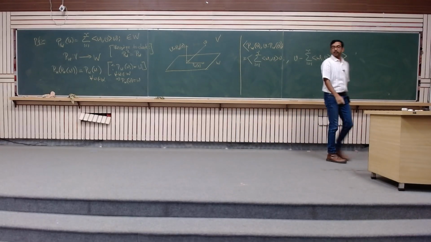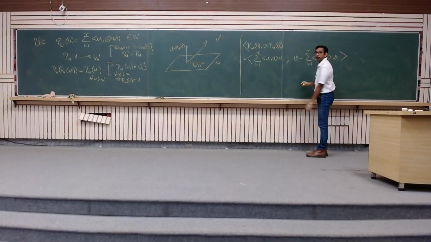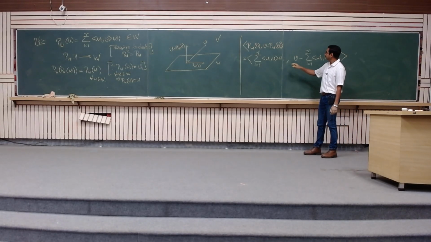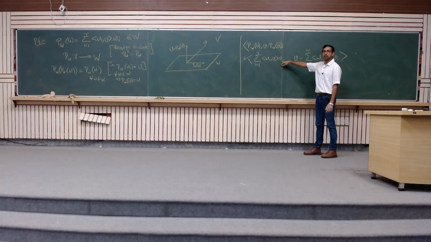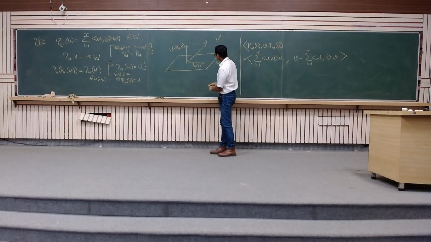Note that this will come out to be 0 if we could show that this is orthogonal to each of the w_i's. The picture is like that, right? This is W, and v minus P_W v should be perpendicular to the entire space W.